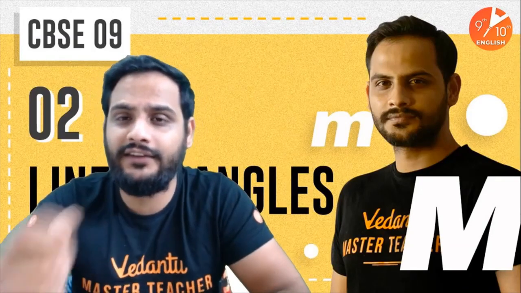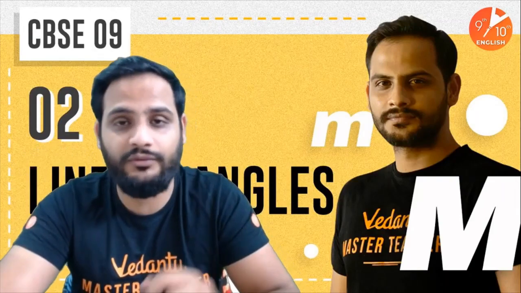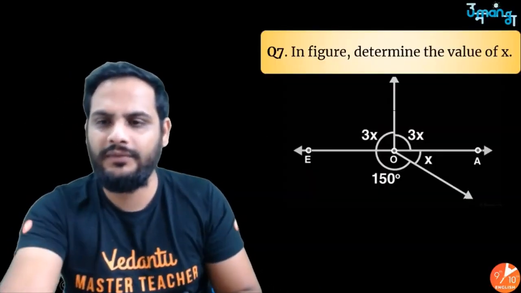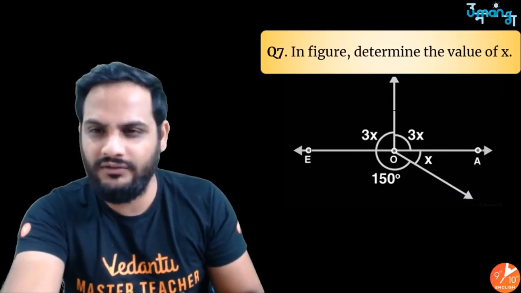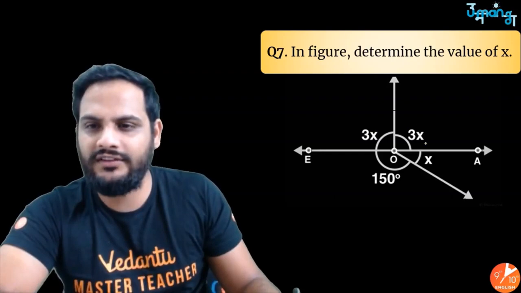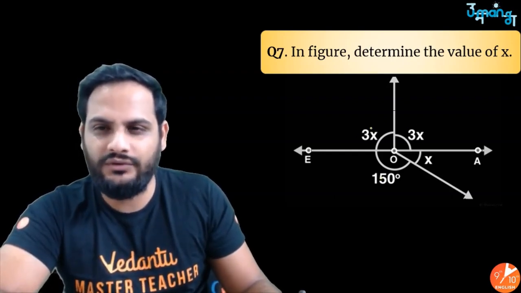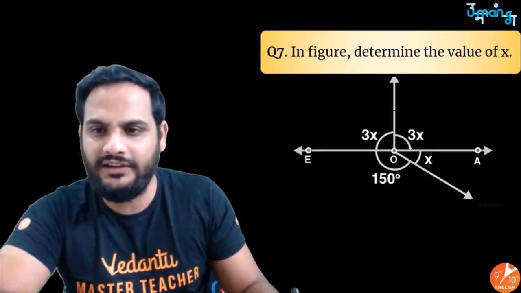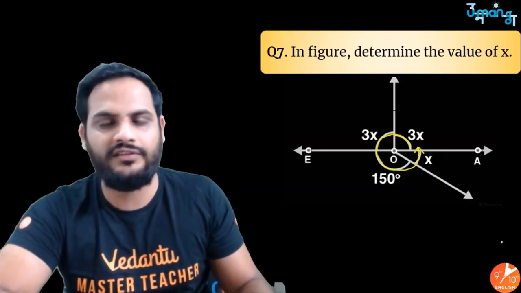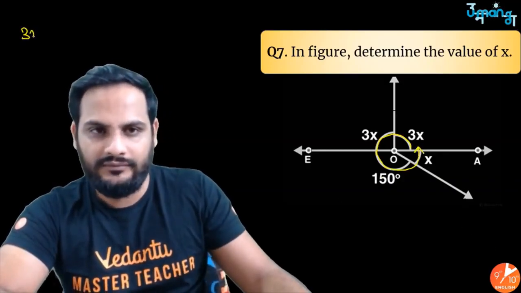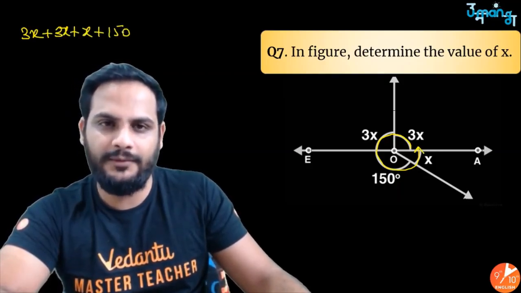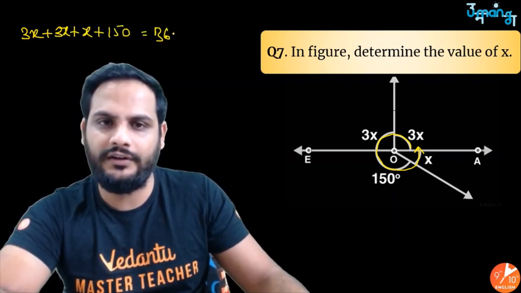Before that, let us discuss the homework question from the previous class. Last class I gave you this homework question, in which you need to find the value of x. I have 3x, 3x, x and 150. I know all of this together is one complete circle, so this is a total of 360 degrees. So 3x plus 3x plus x plus 150 is equal to 360 degrees.